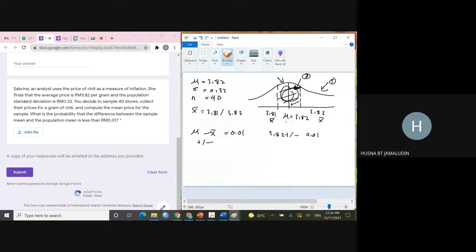And another tricky part, just to mention, because in the morning class we also mentioned it.